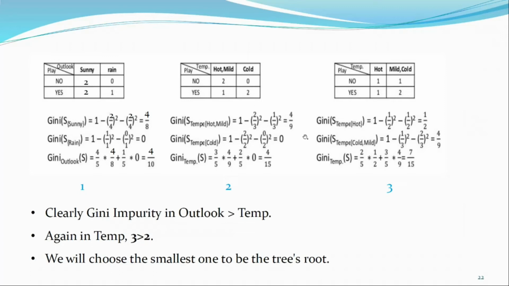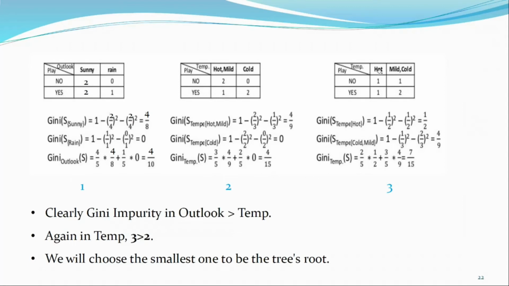It is 4/9. And the Gini impurity of cold equals 1 minus (0/2) squared minus (2/2) squared, equal to 0. So similarly, the Gini of temperature is 3/5 into Gini impurity 4/9, plus 2/5 into Gini impurity of this one, 0. So the Gini impurity of temperature is 4/15.